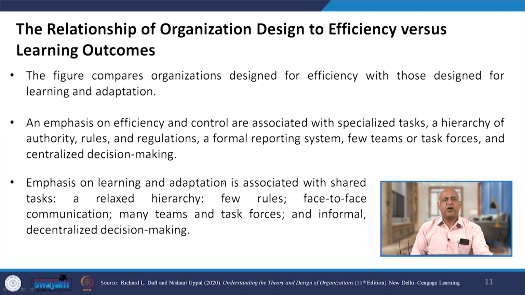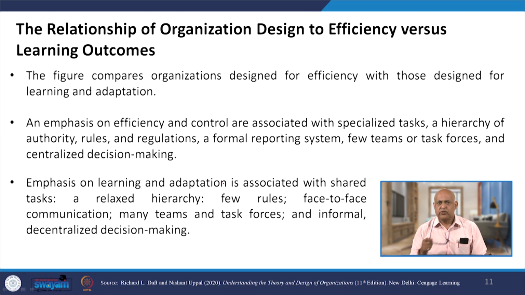The purpose of any organization is to create more and more output or productivity, and whenever you have that productivity or output, you have to design for learning and adaptation. Emphasis on efficiency and control is associated with specialized tasks, a hierarchy of authority, rules, regulations, a formal reporting system, few teams or task forces, and centralized decision making.